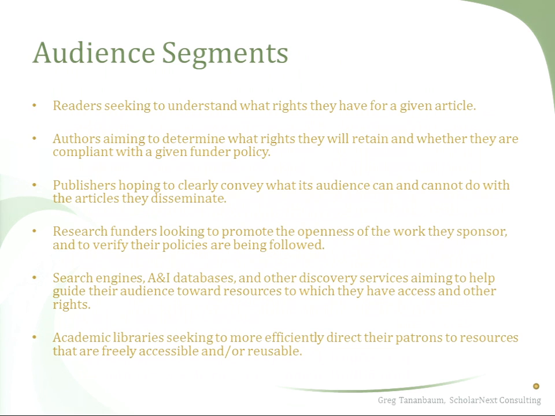And of course, the libraries fall into that last category as well. They're trying to efficiently direct their patrons to resources that they can use. And so being able to determine which articles fall into that would certainly be beneficial.